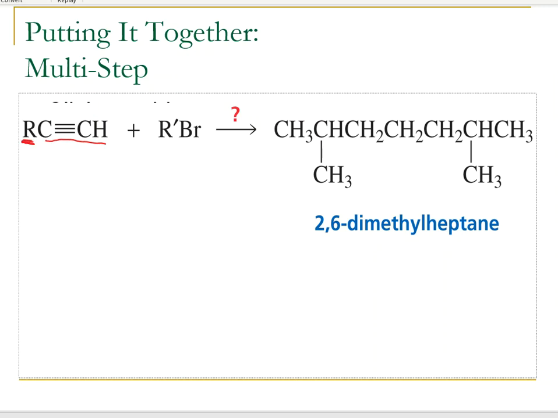So anything that you want to use after that point, perfectly okay. That's on you. And they want you to react this with an alkyl bromide. And we need to end up with something that looks like this. Oh, gosh. Talk about chain elongation. Absolutely, this is going to be chain elongation.